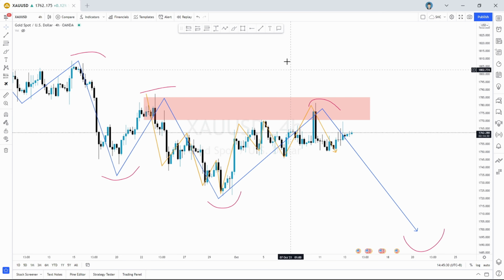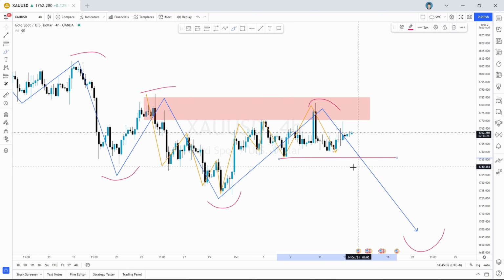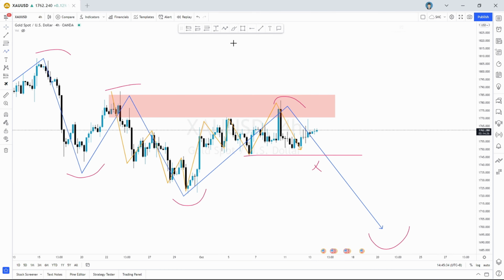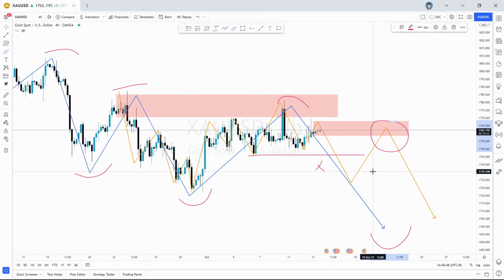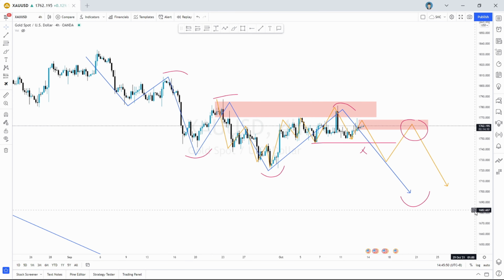So what you can do is wait for a break of structure on this point over here to ride on. So let's say we're on the orange or lower time frame break of structure, then we can look for an order block over here to enter. Then you can get more refined entries by going on lower time frames and looking for Wyckoff or just break of structure.